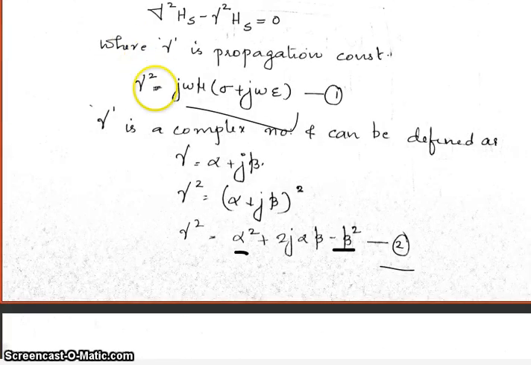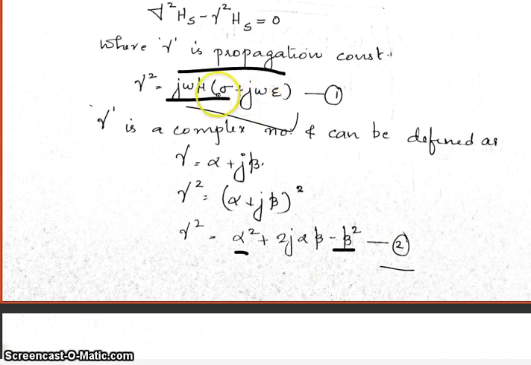And similarly from equation 1, I will be taking the real part. If I remove the bracket, the first term will be j omega mu sigma. And the second part will be j omega mu into j omega epsilon.